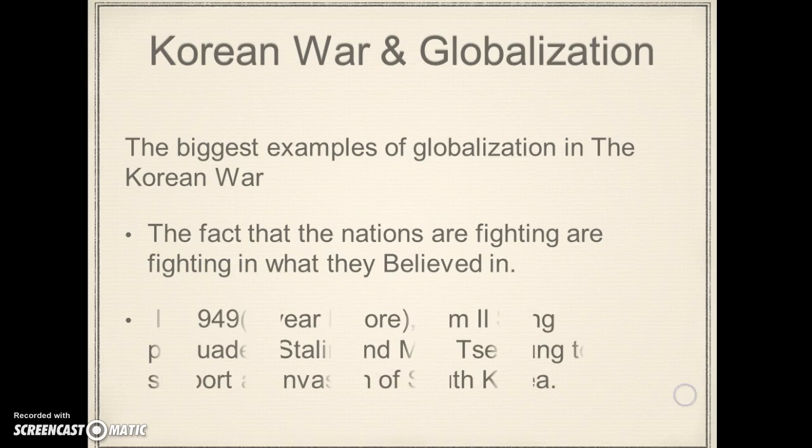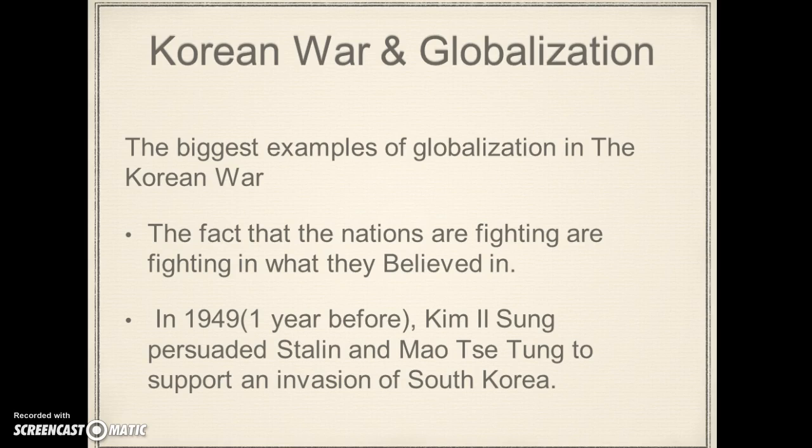And in 1949, one year before the war even had started, Kim Il-sung persuaded Stalin of Russia and Mao Tse-tung of China to support an invasion on South Korea. So even before the war started, North Korea knew that they were going to invade South Korea.